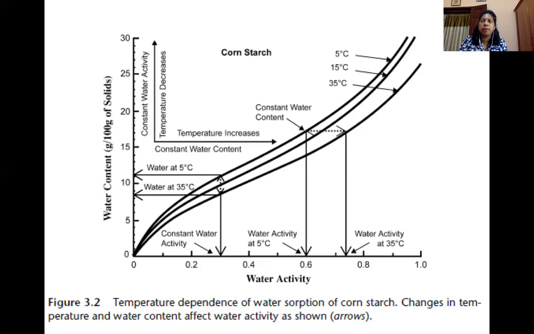You can see in this picture, between water activity 0.6 to 0.8, a small square dotted line is given here, parallel to the x-axis. When you draw a line parallel to the x-axis towards 1, you can see that the water activity is increasing.